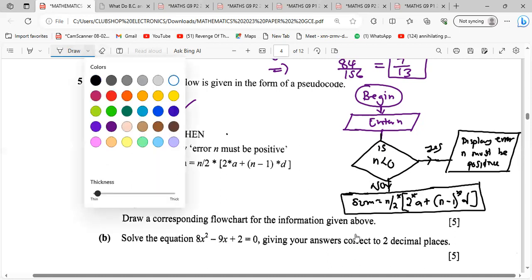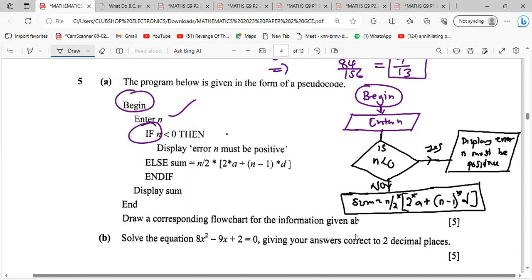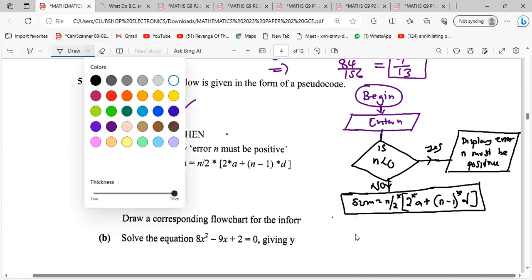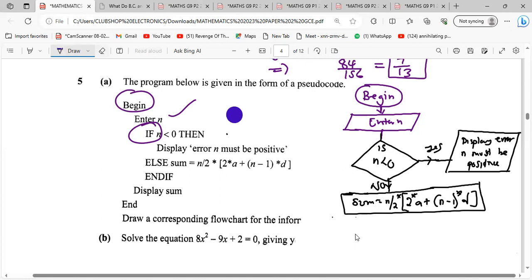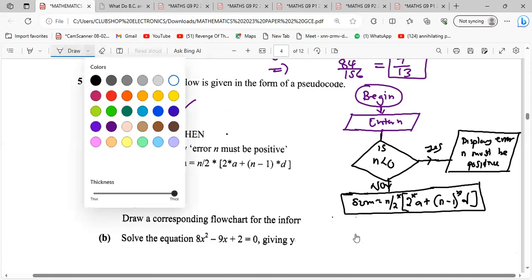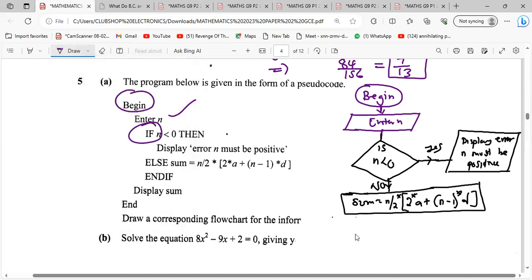Then what we have? There's always an end if condition, and if the computation, for example, is done, then display the sum. So come here and say display sum.